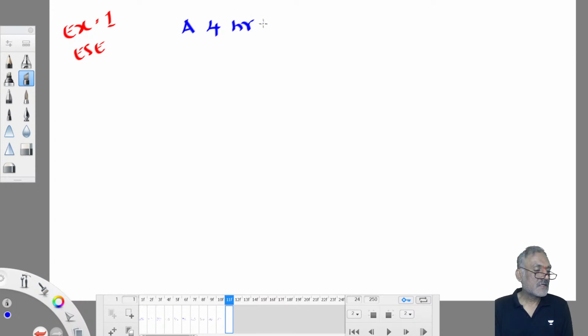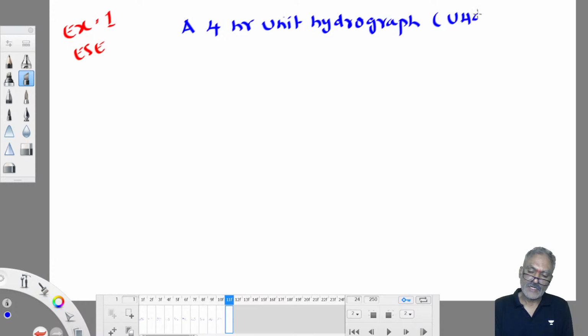A 4-hour unit hydrograph. UHG means unit hydrograph; we need not always write it elaborately. A 4-hour UHG of a basin. Basin means catchment.